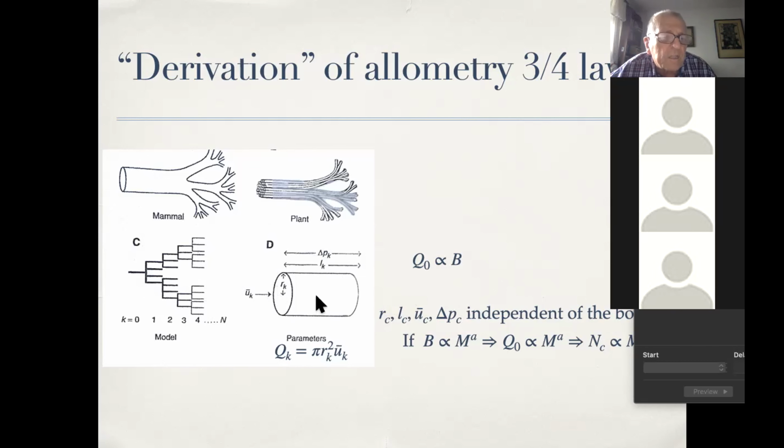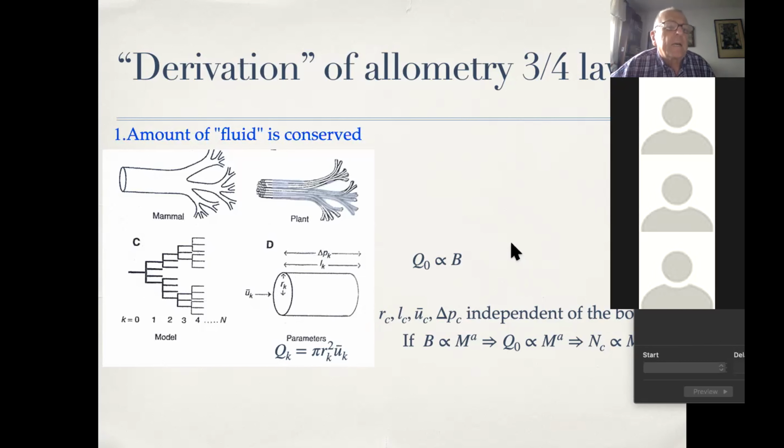So I know that the rate of flow of the liquid through that pipe is proportional to the area of the pipe and r squared, times the average velocity of the liquid with the nutrition of the blood in that pipe.